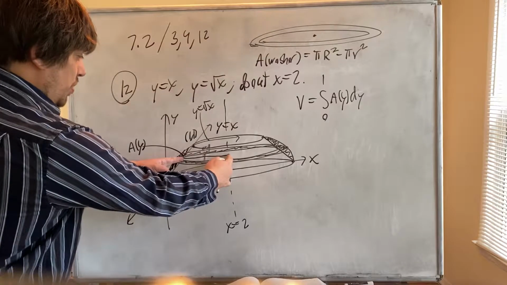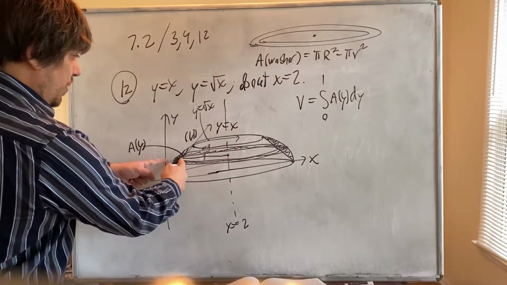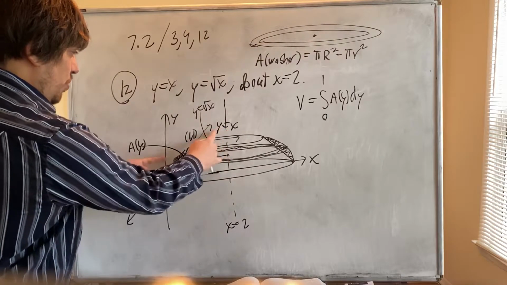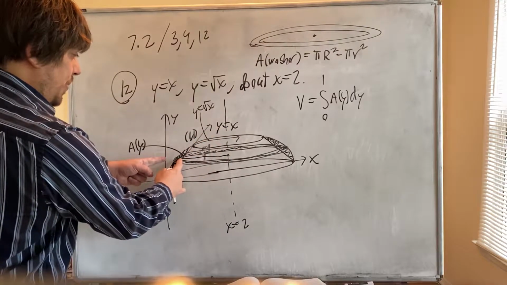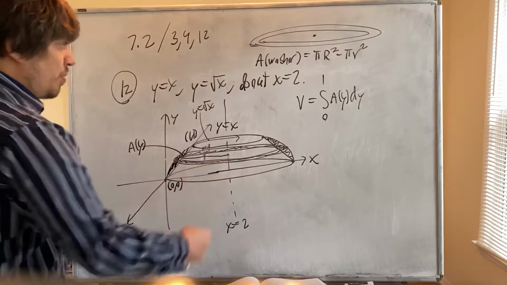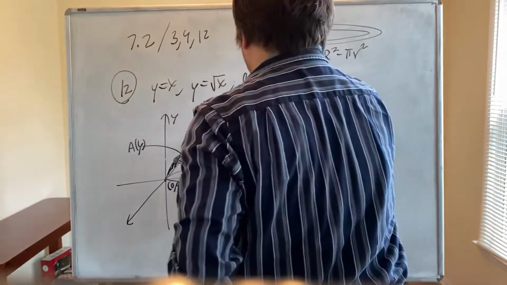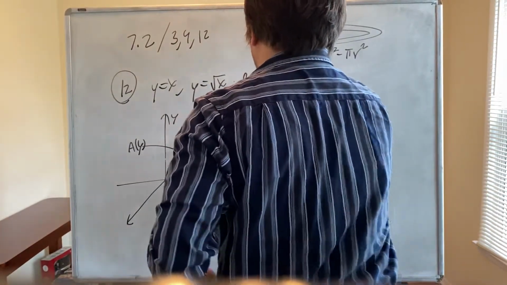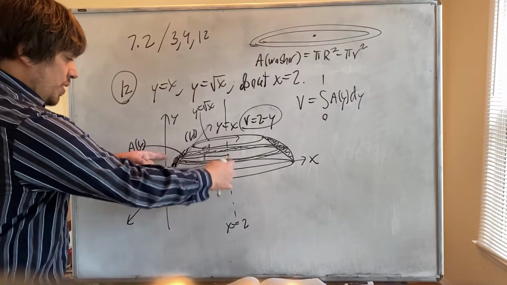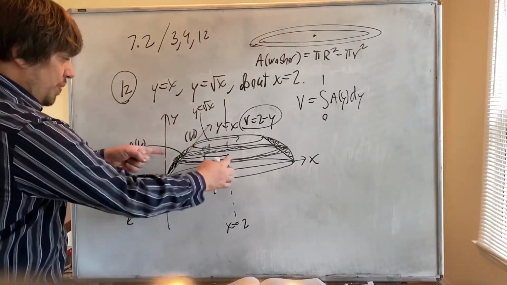That's the radius of the smaller circle. The x-coordinate of this point is this distance. x is y, so that length is y. This whole thing is 2. So 2 minus y is the smaller radius. So little r is equal to 2 minus y. Again, this total distance is 2 because this is x equals 2.